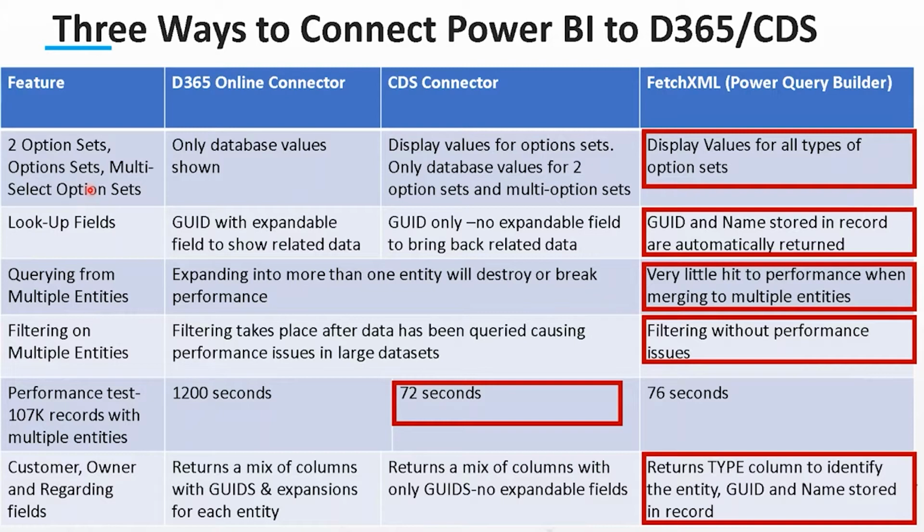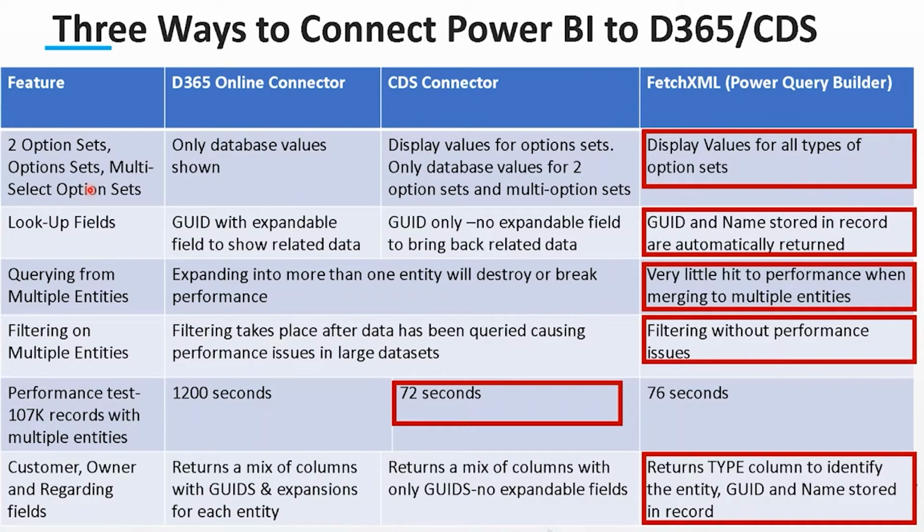If you see the field owner, it points to both users and teams. And if you see the field regarding, that can point to just about any record in the system, because if you've enabled attach emails in the table settings, you're going to get a regarding field, and that can be on any table in the entire system.